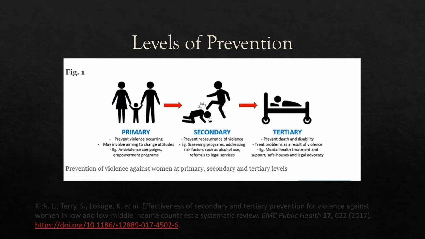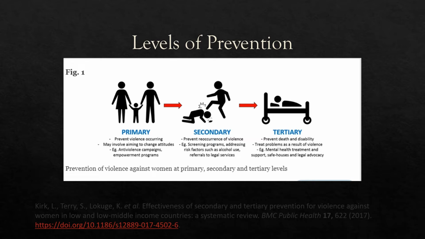And then tertiary prevention was to prevent death and disability and treat the problems that were a result of violence. So if an injury occurred as a result of the intimate partner violence, preventing that from causing disability, or working on interruption of the cycle of violence and preventing violence from accelerating, or interrupting the access to factors that could exacerbate the violence, like drug and alcohol factors.